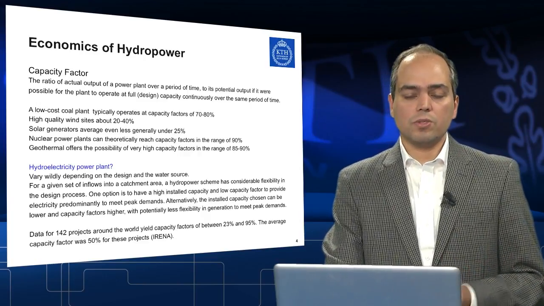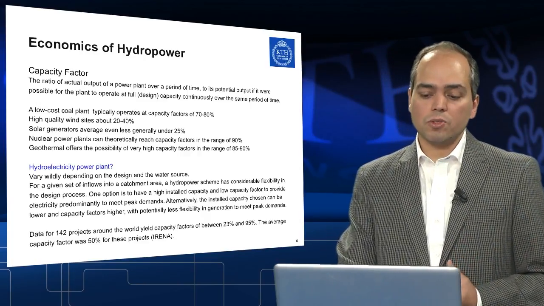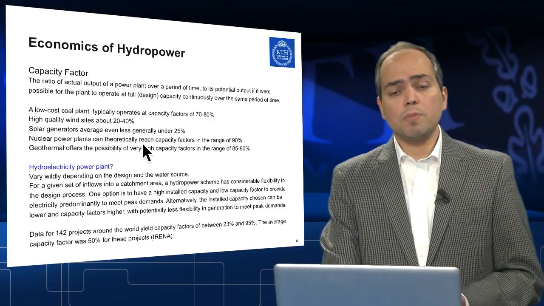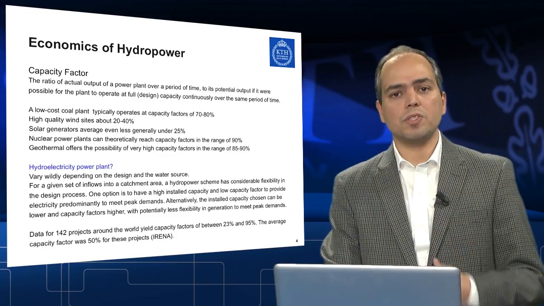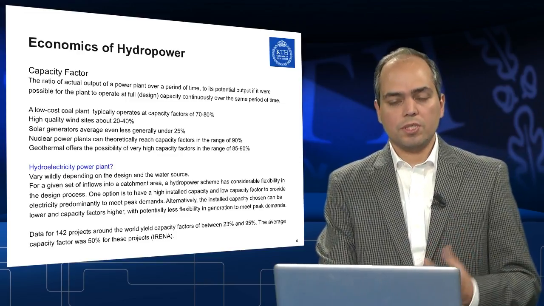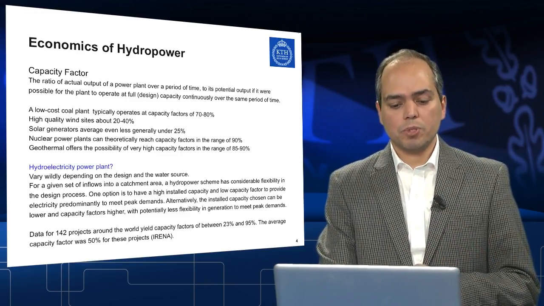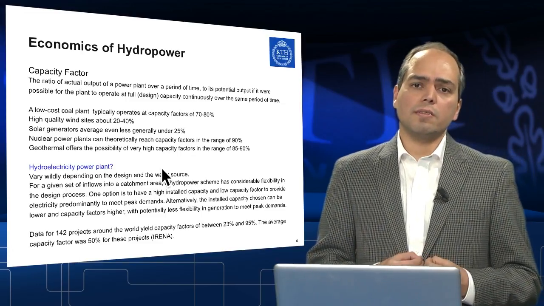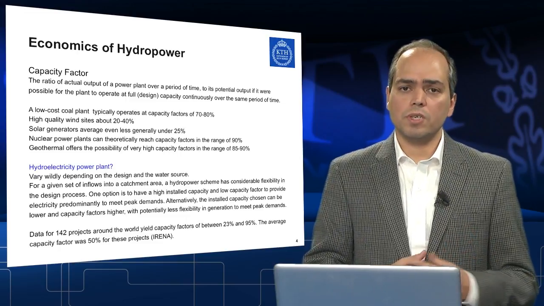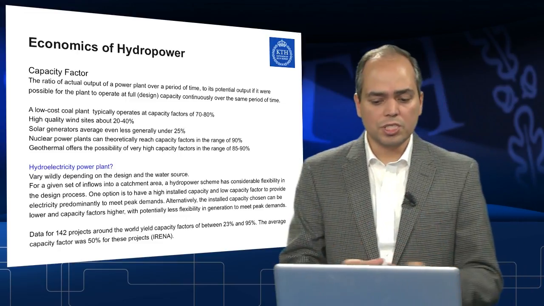The solar generators there have a capacity around 25%. Nuclear power plants, theoretically they could reach capacity factors of 90% or more, considering the nature of the production. For a hydroelectricity power plant, it's really site dependent, it's site specific, it really depends on the conditions of each site.